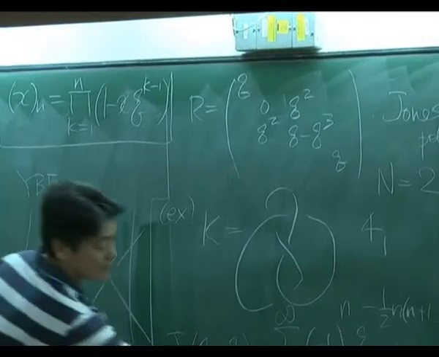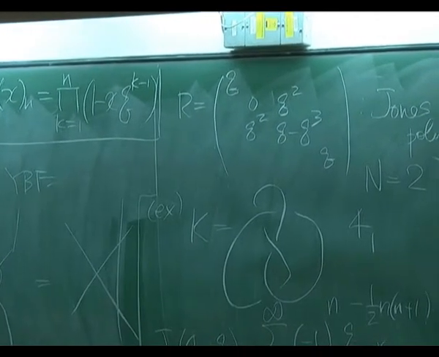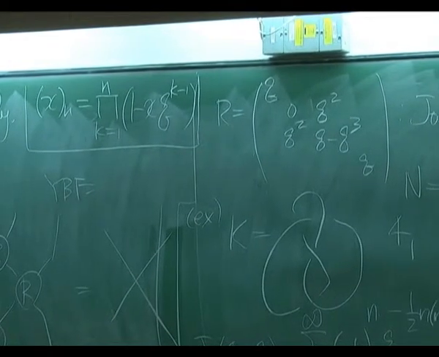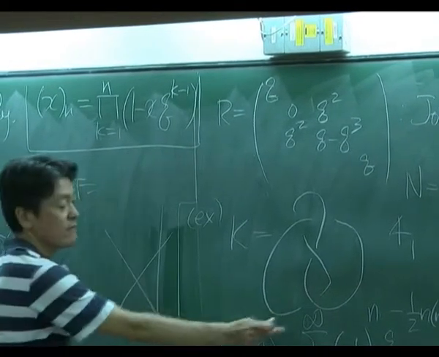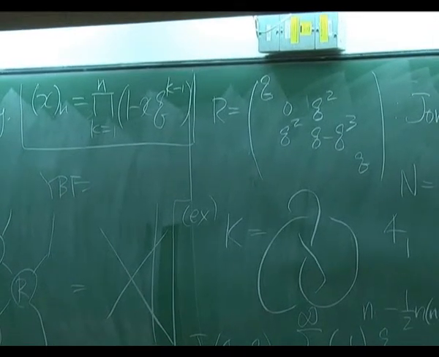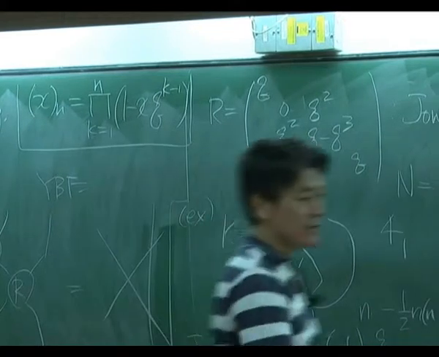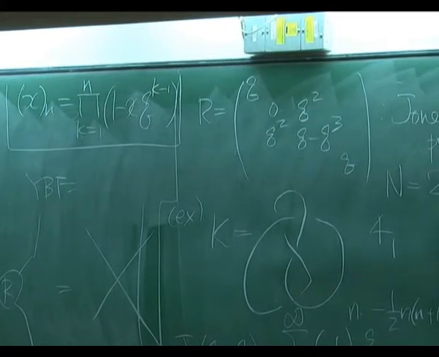So at finite small n, this vanishes due to this one. So we write it as an infinite series, but anyway, this is just a polynomial of q and q inverse.